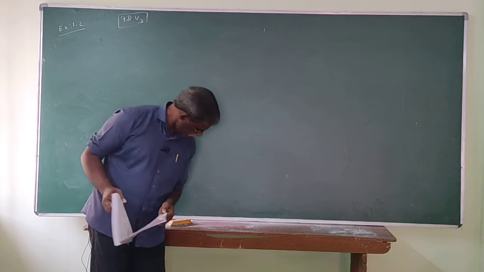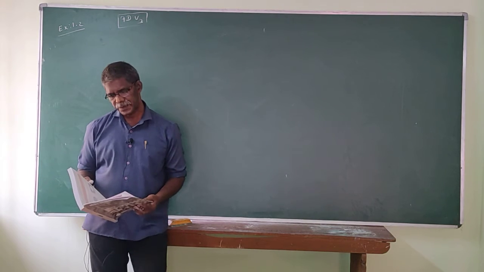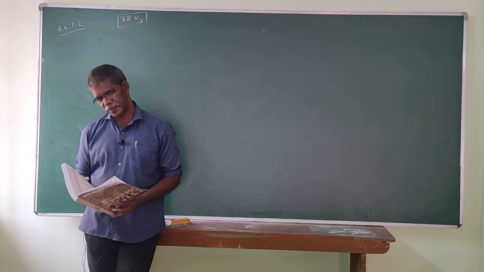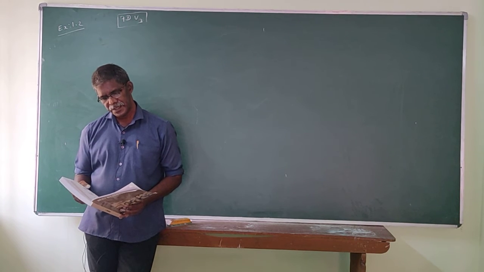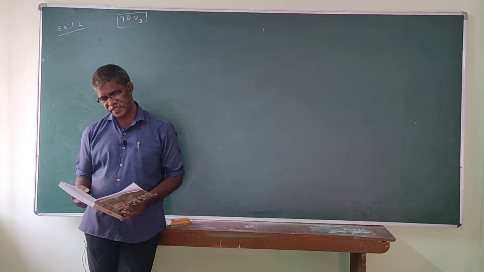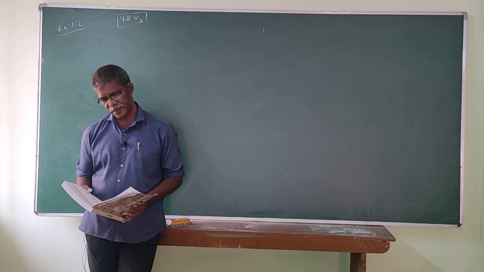So page number 12 in your textbook, question number 5, state which pair of sets are disjoint or overlapping.